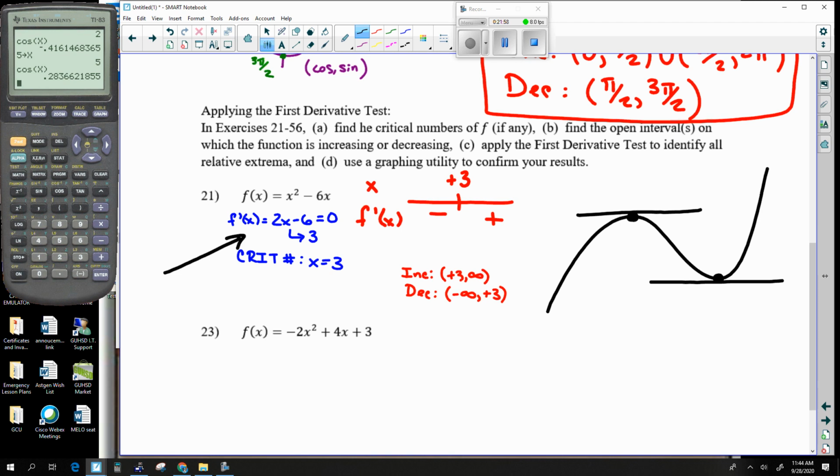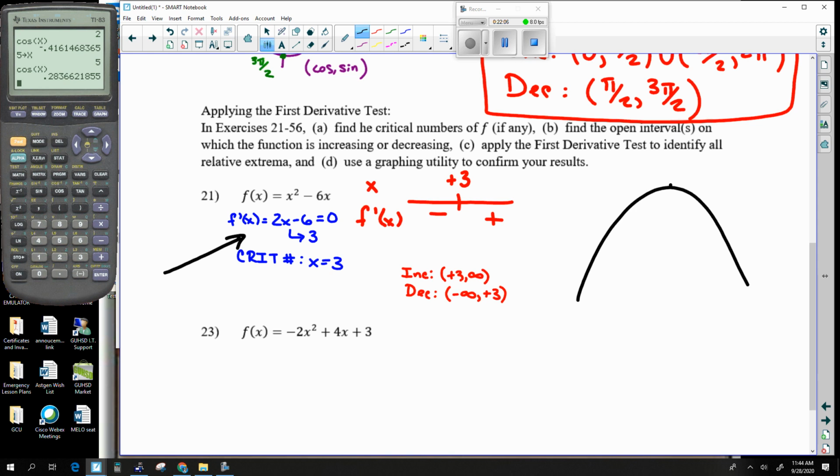We found those things, and here we have one of these occurring when x is equal to 3. When x is equal to 3, I'm bumping into something important happening. So I know that something important is happening at x equal to 3.